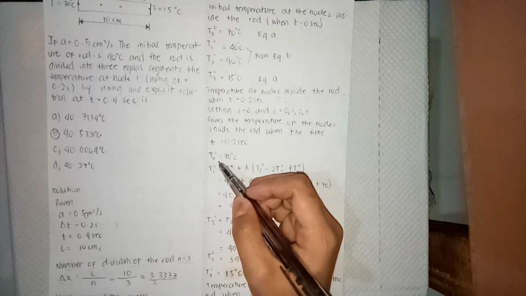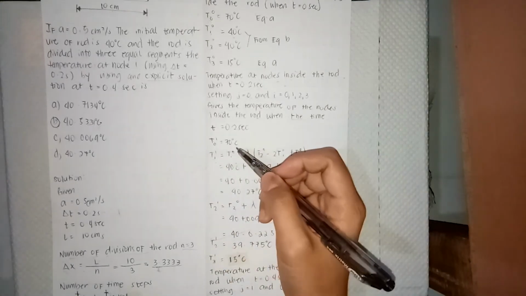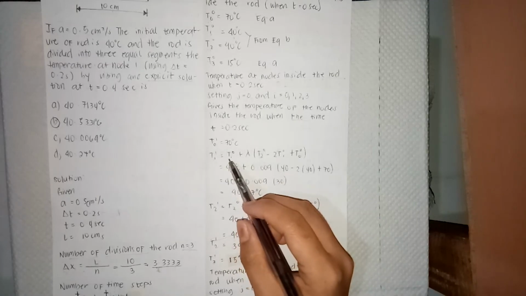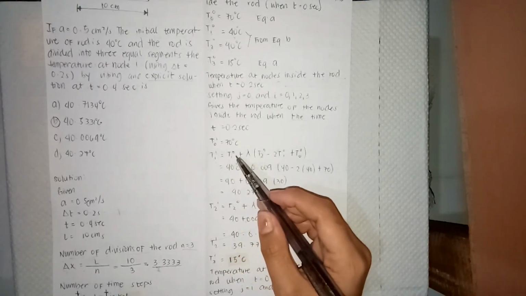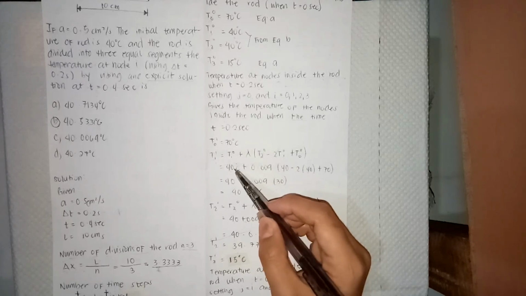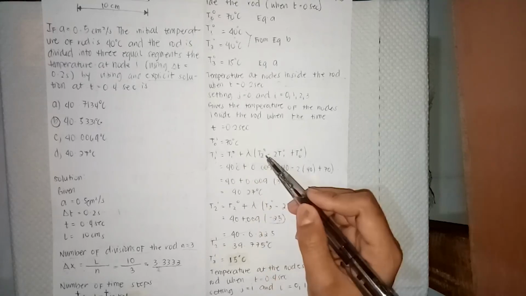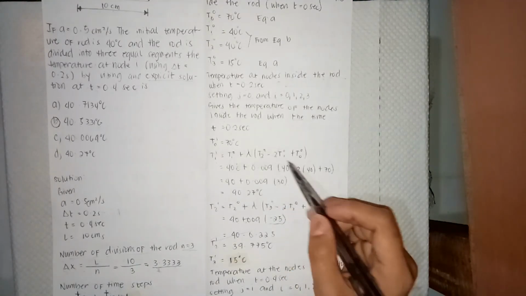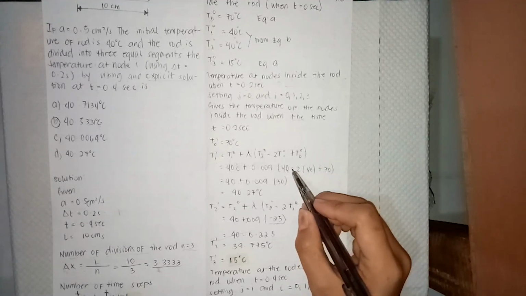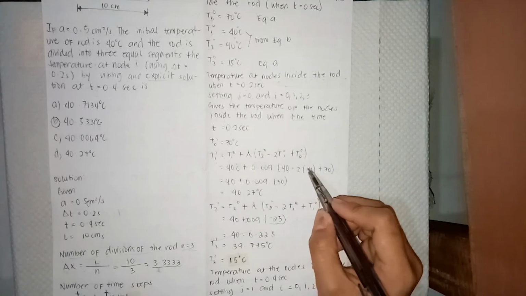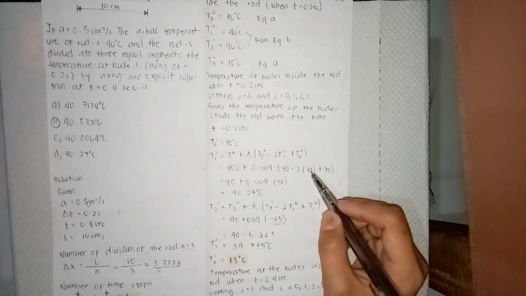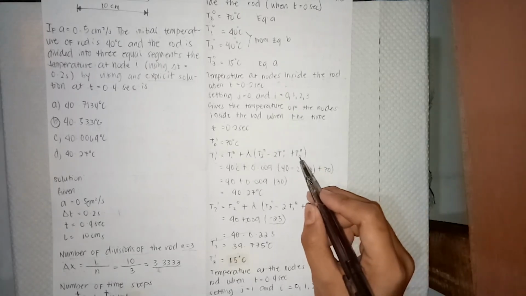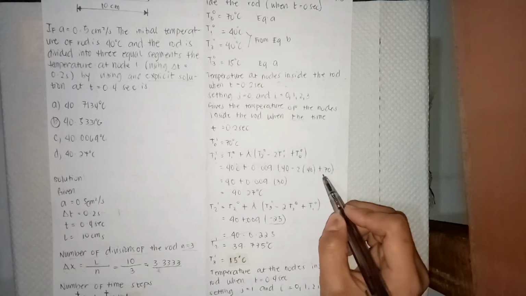Our temperature at node 0 is equal to 70, and for our temperature at node 1, the formula is temperature at node 1, which is 40, plus our lambda, which we already got before, 0.009, multiplied by the value of our T2, which is 40, minus 2 multiplied by our temperature at node 1, which is 40, plus our temperature at node 0, which is 70.